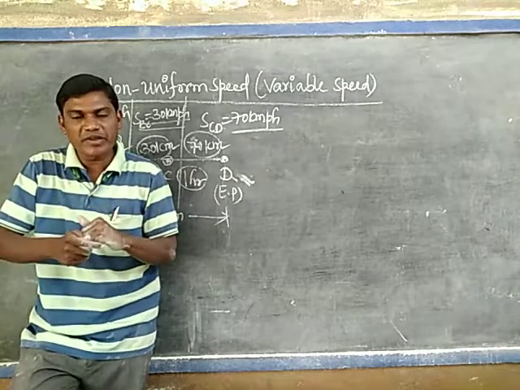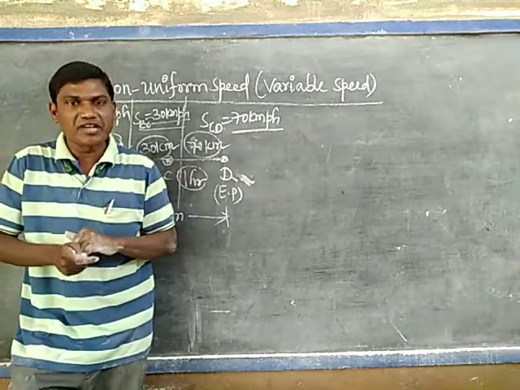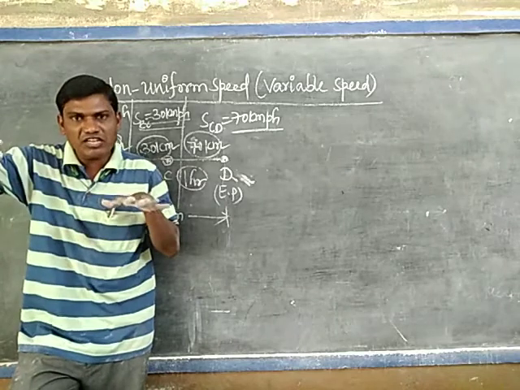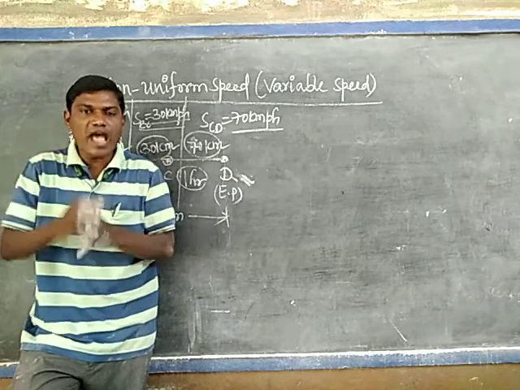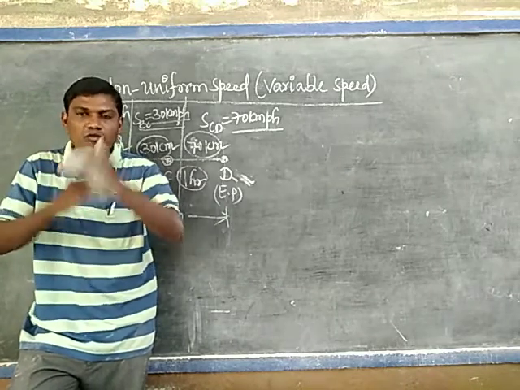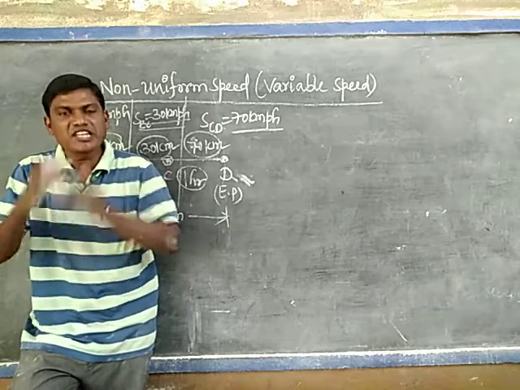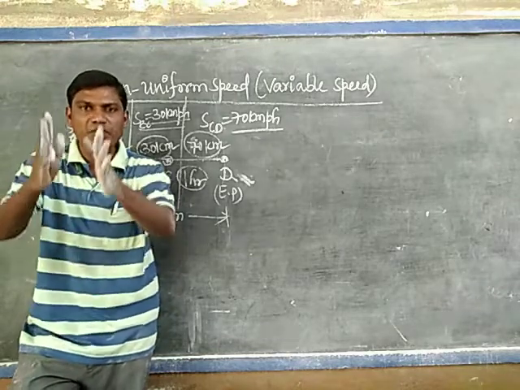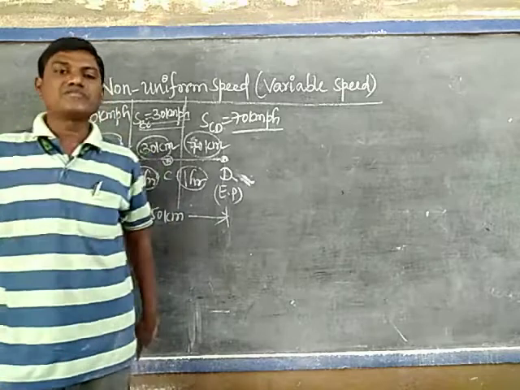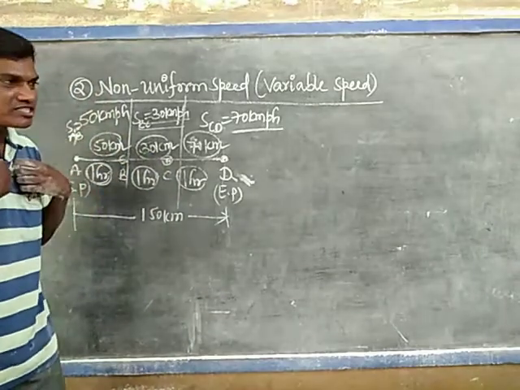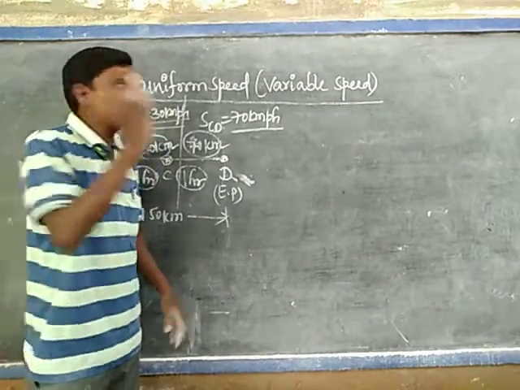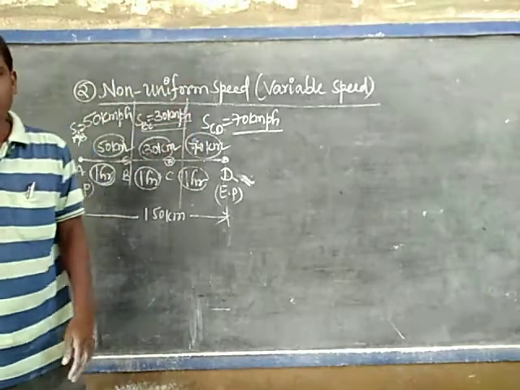After overcoming the speed breaker, we increase the speed again. Due to the road conditions, you move with different speeds, not the same speed. That's why in most cases our journey is non-uniform speed only.